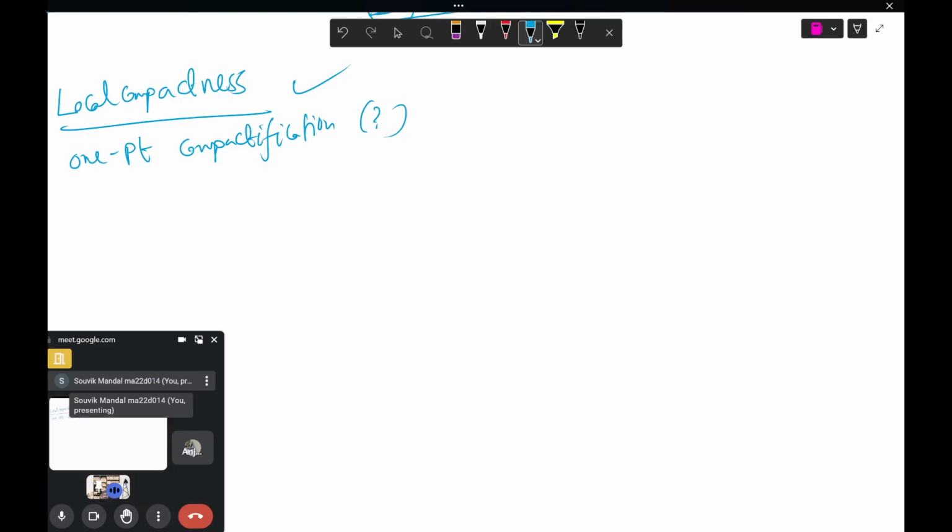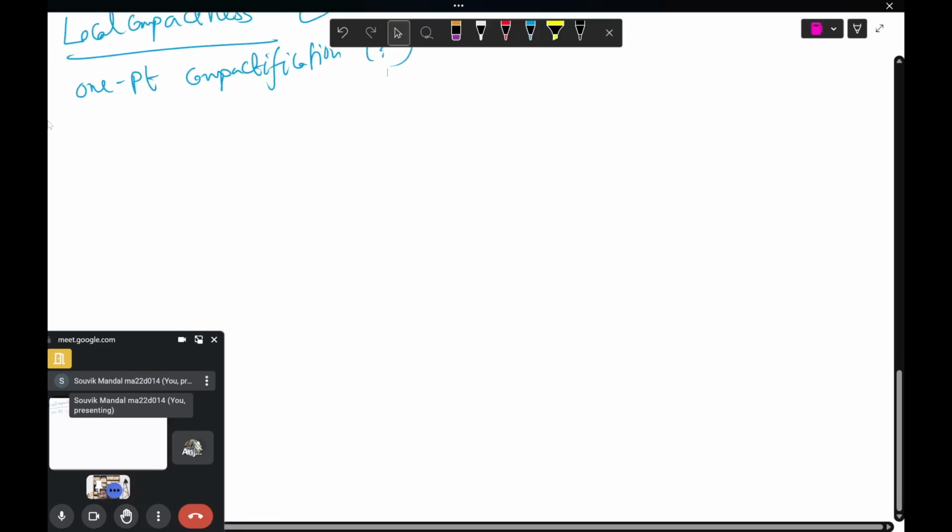Not the technical detail, just the gist. What does it actually do? Okay, so let's start with the one point compactification.